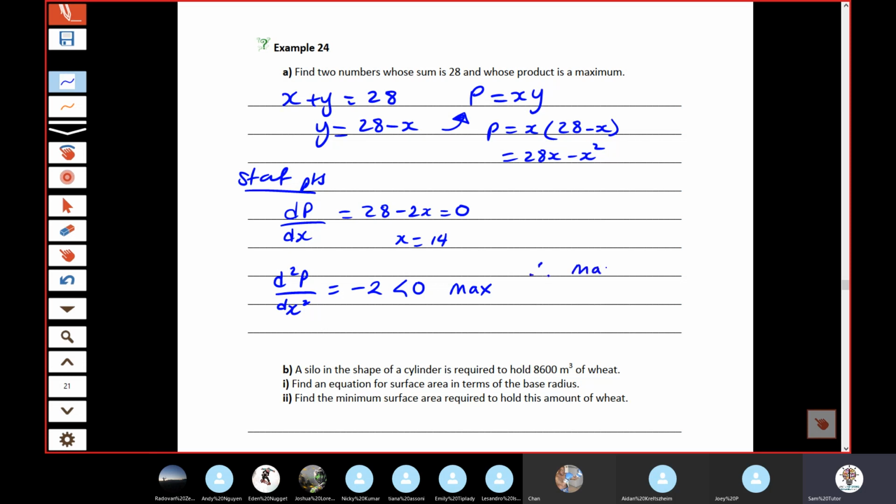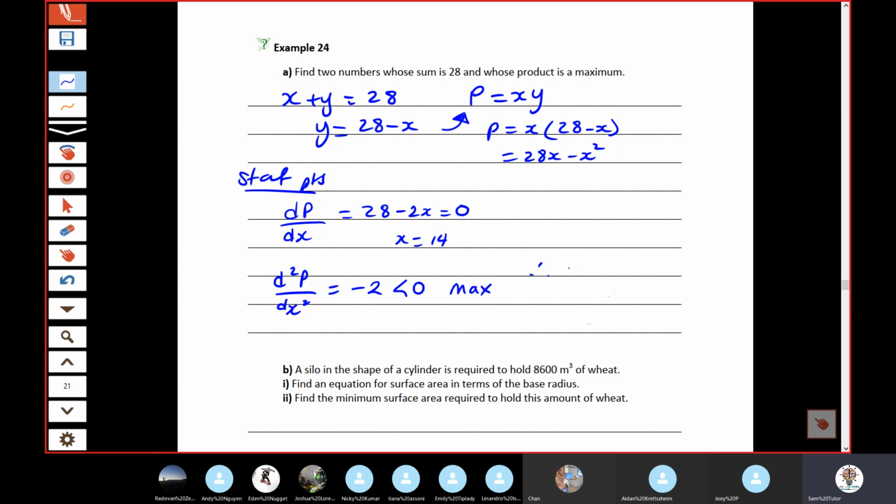Therefore, max product is x, which is 14, times 14. Sorry. The question doesn't ask for the product. It just says find the two numbers whose sum is 28.